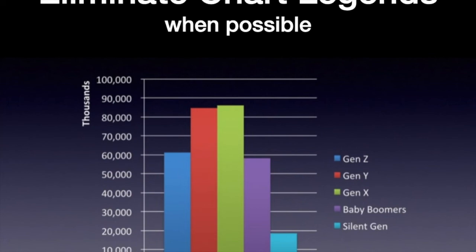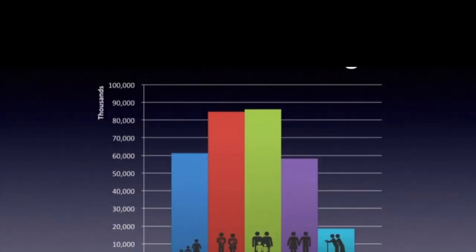Otherwise, we have to go back and forth and say, okay, what's blue? Okay, that's Gen Z. What's this kind of blue? Okay, that's a silent generation. So when possible, don't use a chart legend. If they're not necessary, it is so much easier to interpret the data. See how much easier that is?